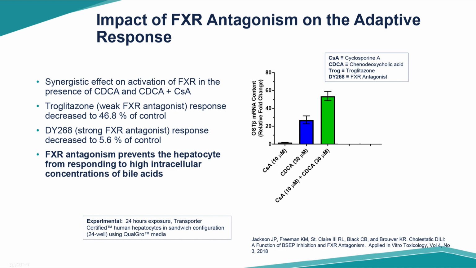And with that, we can basically eliminate that adaptive response. And so that FXR antagonism then prevents the hepatocyte from responding to these high intracellular concentrations of bile acid and can lead to hepatotoxicity.